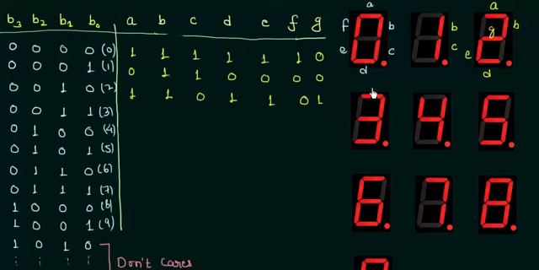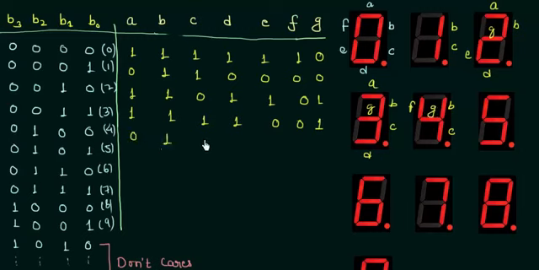Similarly for 3, A, B, C, D and G are high. So we will fill them in the table. A, B, C, D, G are high, E is low and F is low. Similarly for the number 4, B is high, C is high, F is high and G is high.